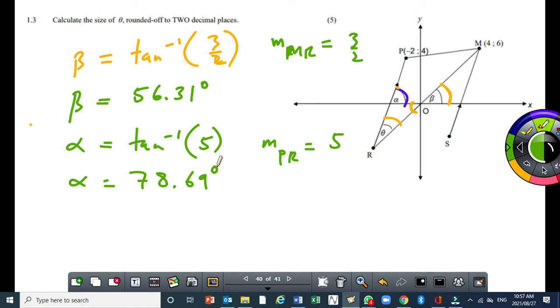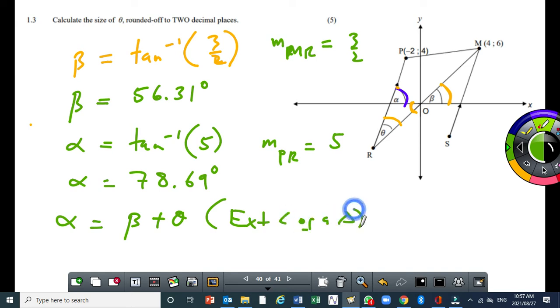Any question there? So theta, now, to get theta, you need to be aware that alpha is equal to beta plus theta. This comes from the exterior angle of a triangle. If you want, you can go further and give a name to this point. Of course, this one we know.